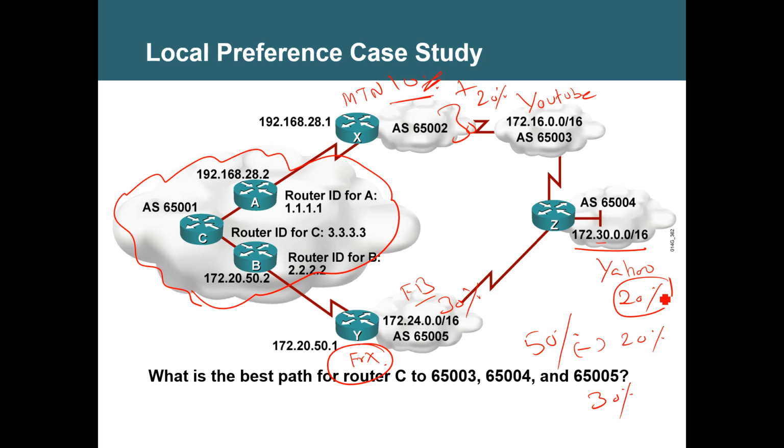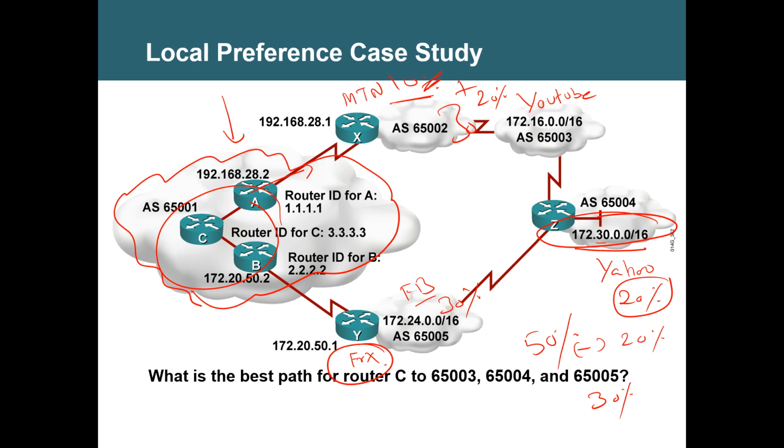So if we can match this destination on router A and set a high local preference, before local preference there is weight, the 0th attribute. We don't want to set weight because we want the entire autonomous system to leave this way if it is going to Yahoo.